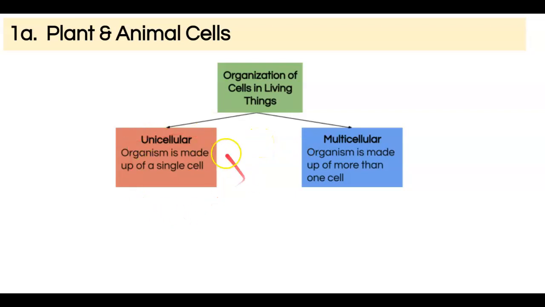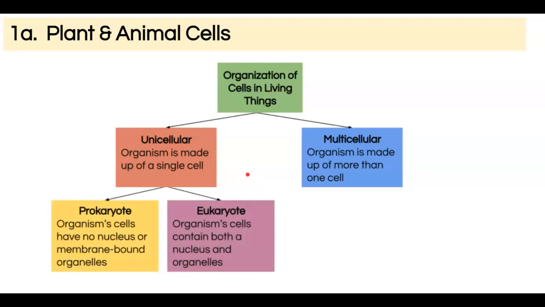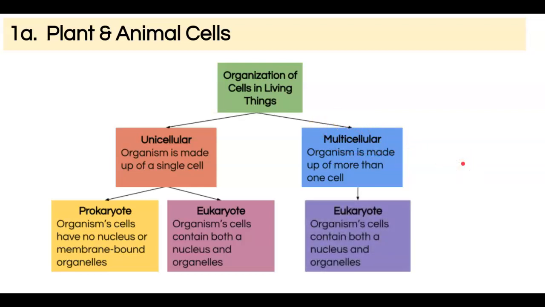So if you are unicellular, you can either have cells without a nucleus, making you a prokaryotic organism, or you can be made up of one cell, but that one cell does have a nucleus, in which case you are a eukaryotic organism. However, by definition, if you are multicellular, then you must have cells that are eukaryotic. You must have cells that contain both a nucleus and organelles.